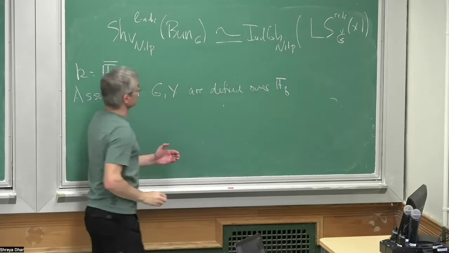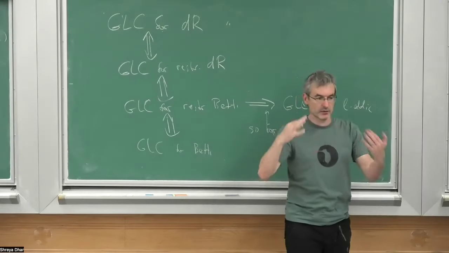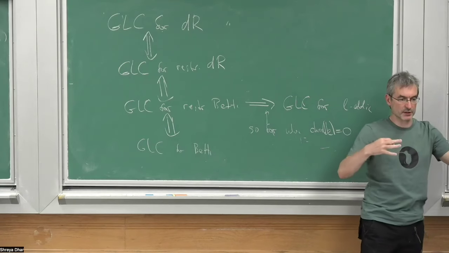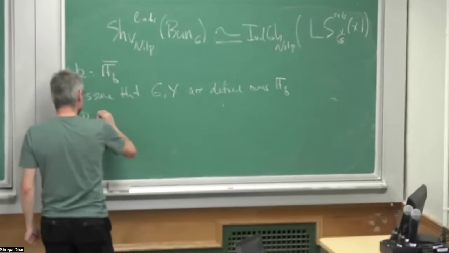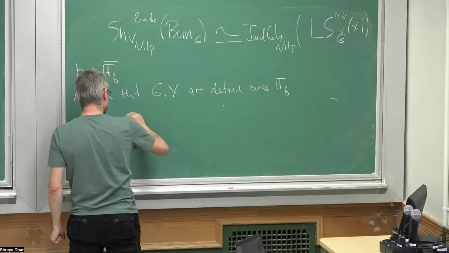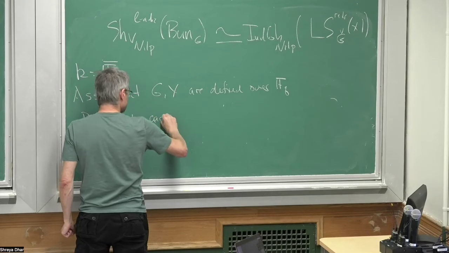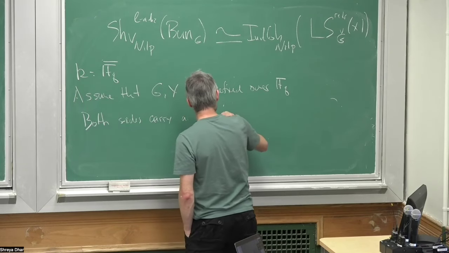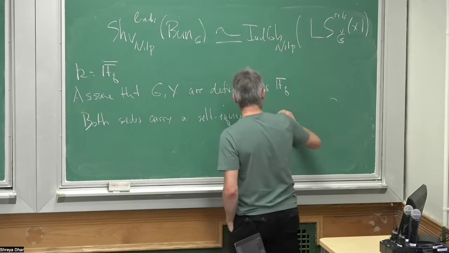In this case, both the left hand side and right hand side carry Frobenius. On the level of categories, Frobenius is a self-equivalence. So both sides carry a self-equivalence induced by the Frobenius.